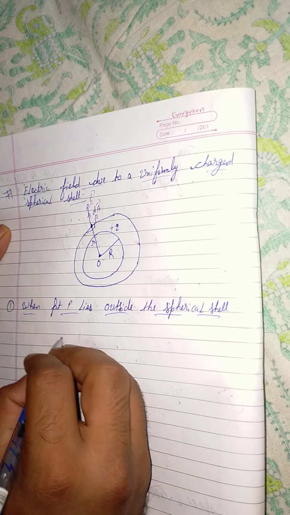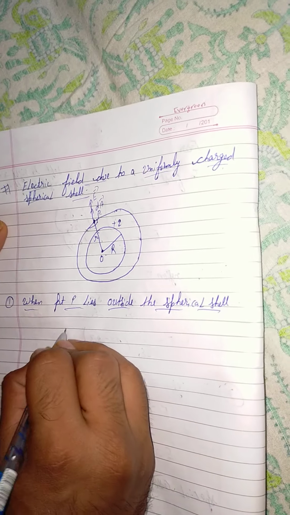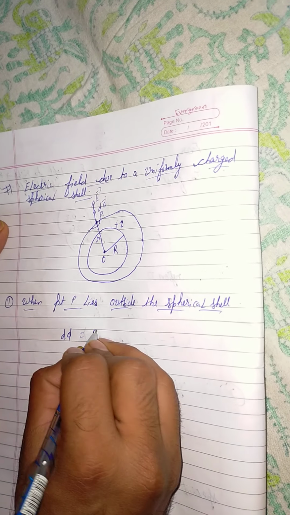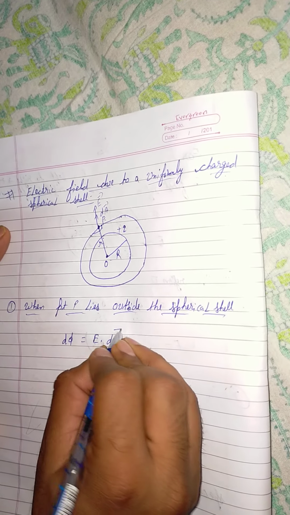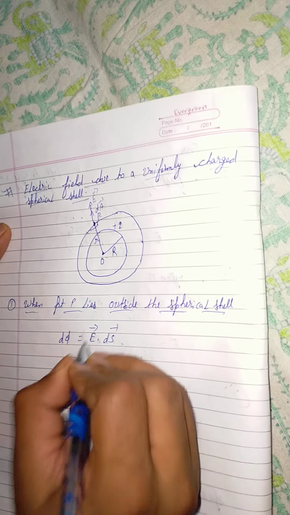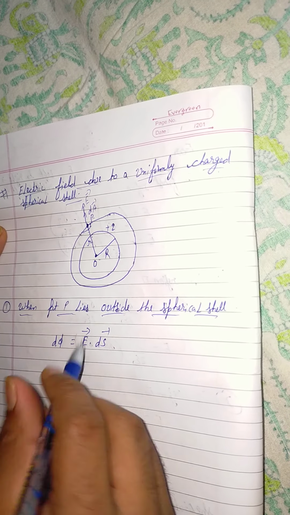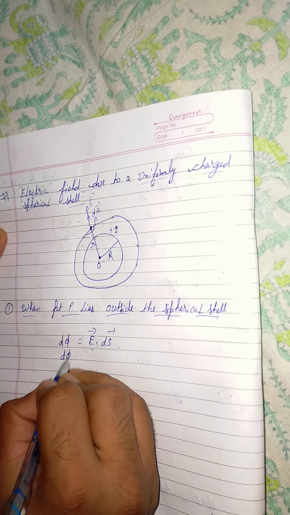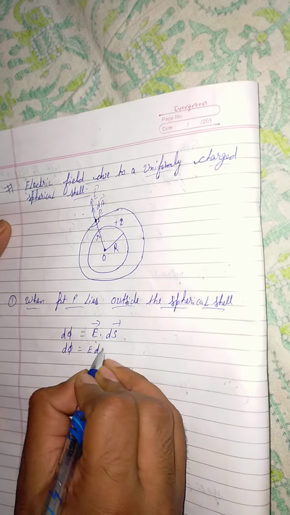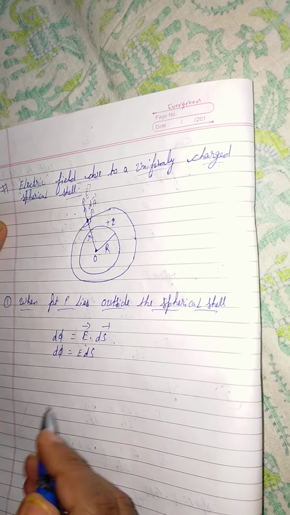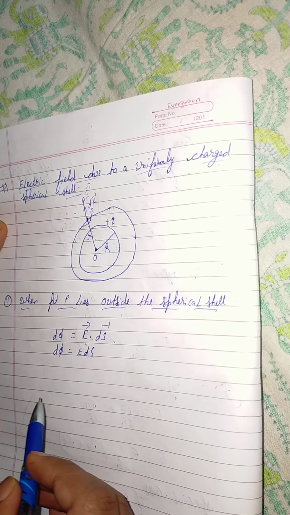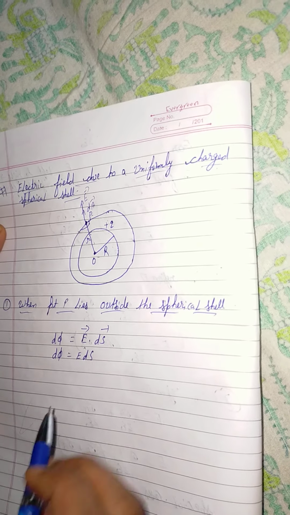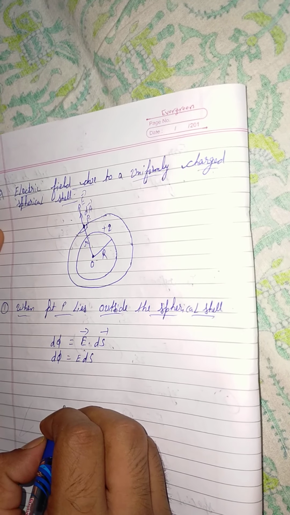So the electric flux for the small area vector is d phi equals E dot ds, and since the angle between the electric field and the area vector is 0, the flux is E ds. The electric field along the shell is uniform, so E is constant.